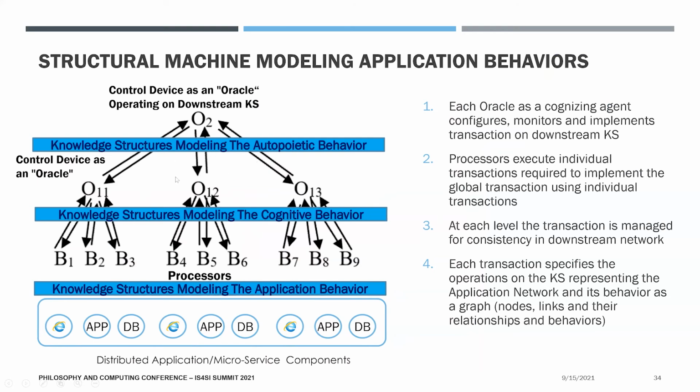Essentially, the operations on these knowledge structures are just reconstituting the graph, or changing the nodes, or adding nodes, or adding links, and so on. And the behavior itself is independent of the domain, because that is hidden over here. The knowledge structures modeling the application hide all of the details of the application.